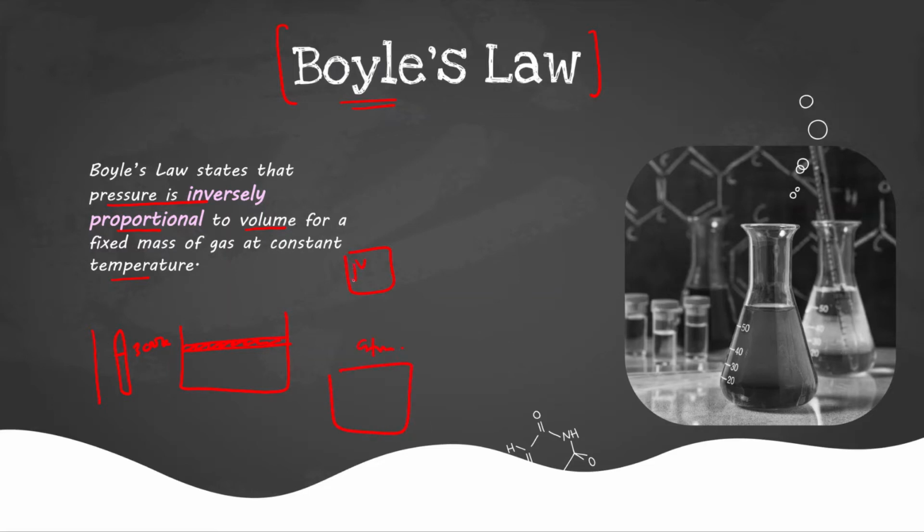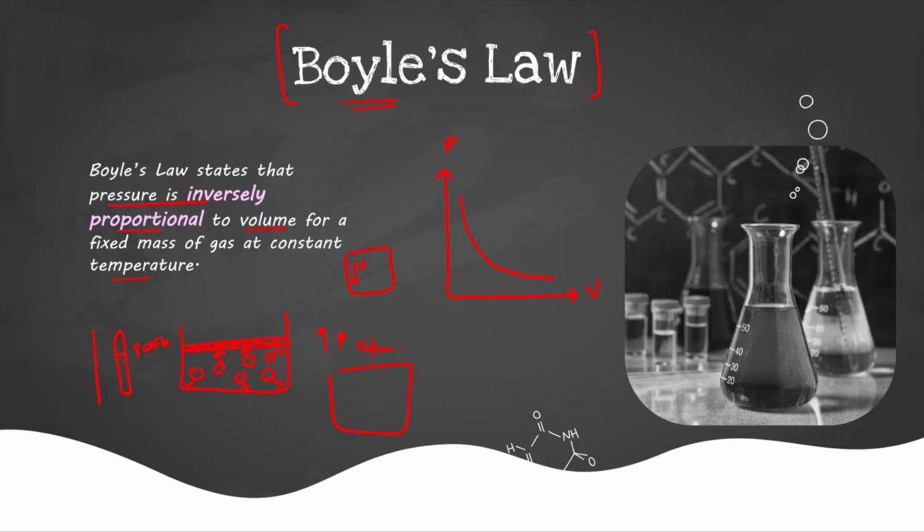So bila saya decrease the volume, and then this particle akan bergerak, dia bergerak sama kinetic energy sama, cuma dia punya frequency, meaning kekerapan dia berlaga dengan the wall of container is more. Jadi pressure dia pun akan increase bila volume decrease. That's why diorang ialah inversely proportional. So kalau graph tu P and V, you will have a inversely proportional graph.